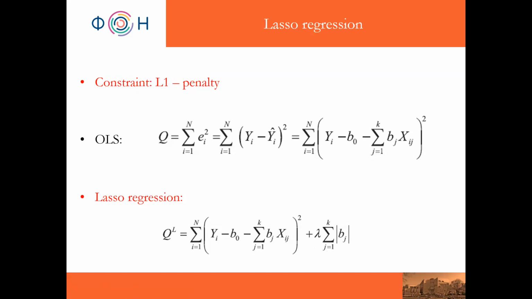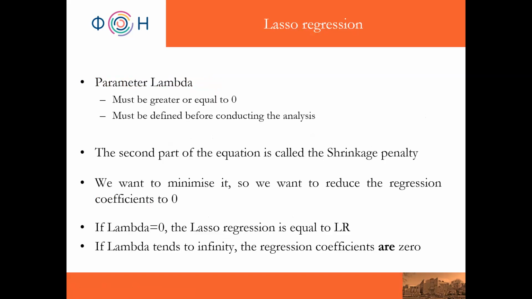So more or less, that is the main difference. The thing, again, which we will have to deal with is the question related to lambda. Again, we don't know what the true value of lambda is.